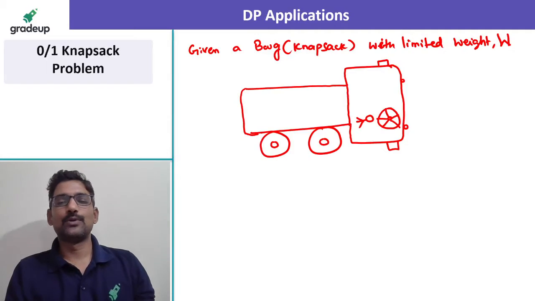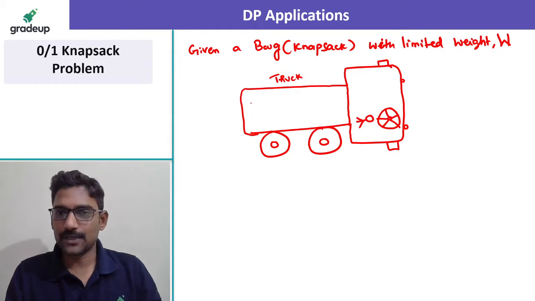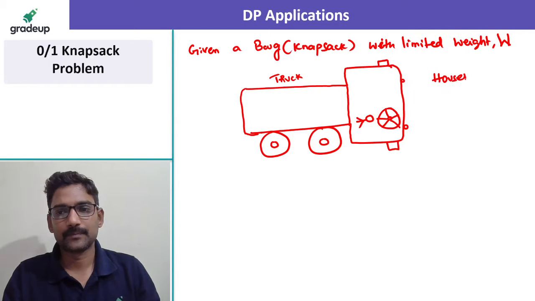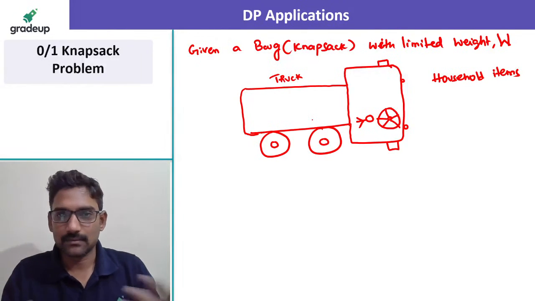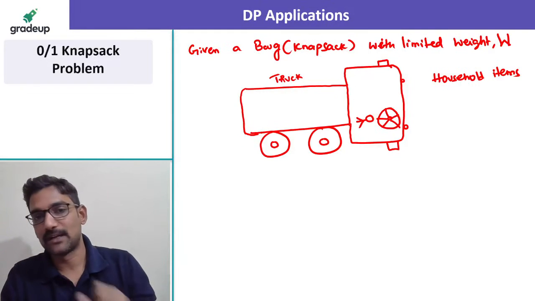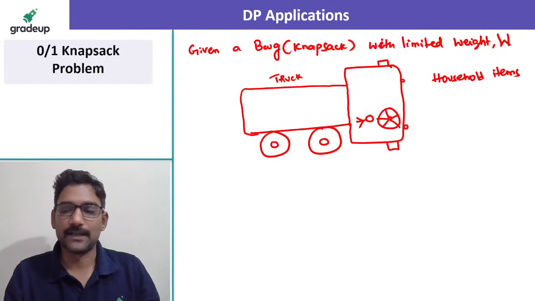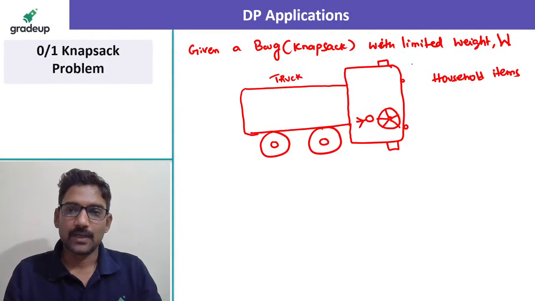And now you would like to purchase household items. This is the truck. Household items, like Christmas is approaching, New Year is approaching, so there are many offers. Definitely, you went to a big shopping mall, and what items are displayed?